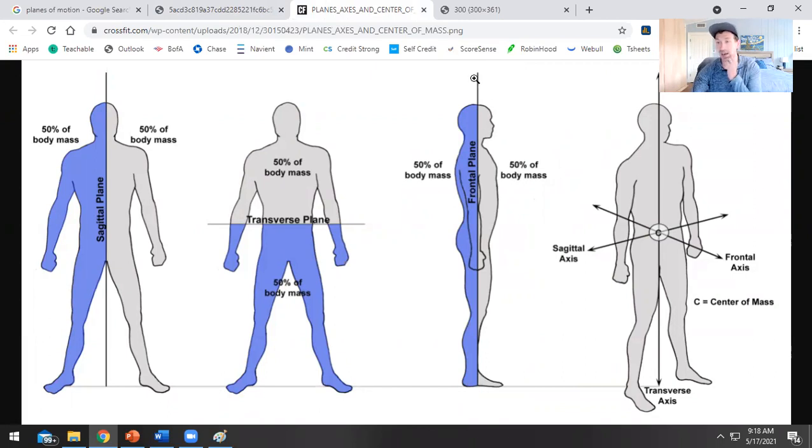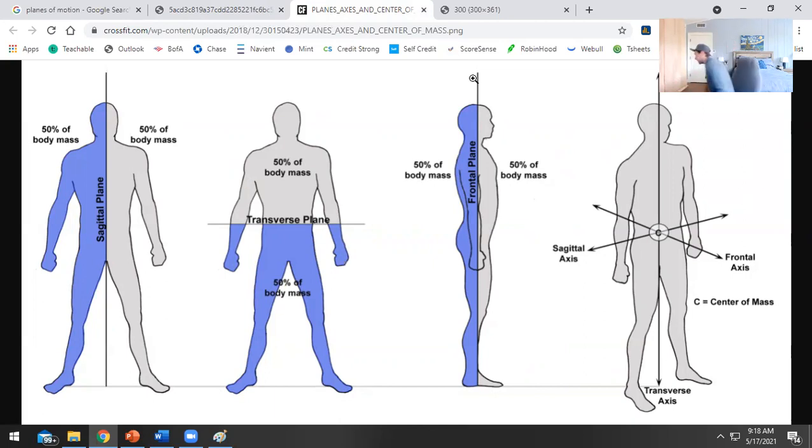If you're doing side to side movements, those are frontal plane movements. If I'm dropping my head side to side, those are frontal plane movements. If I take my arms and abduct them, or adduct them, those are frontal plane movements. So again, moving along the plane.